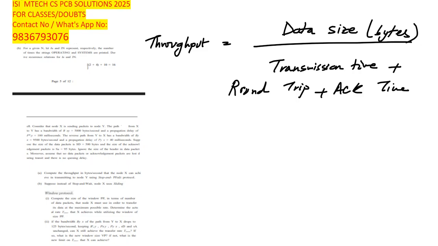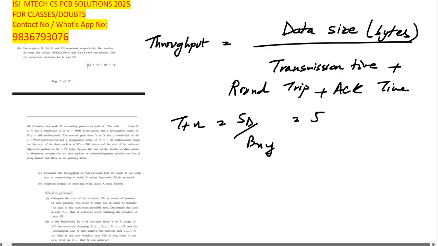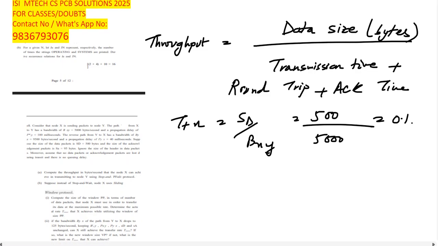Okay, now I will calculate the transmission time of the data packet. It is ST by BXY. So that is 500 by 5000, so that is 0.1 second.